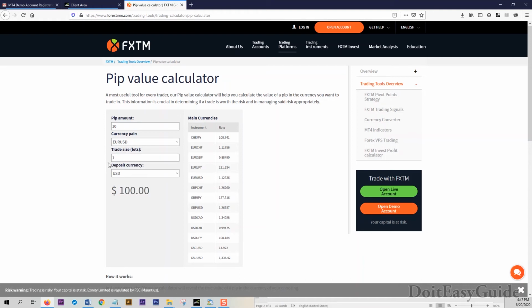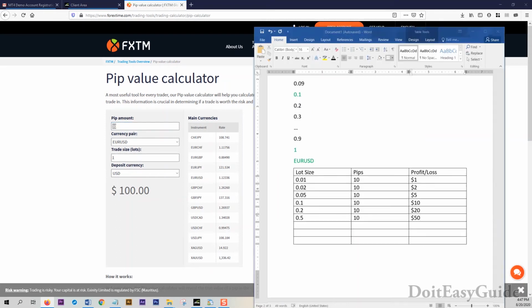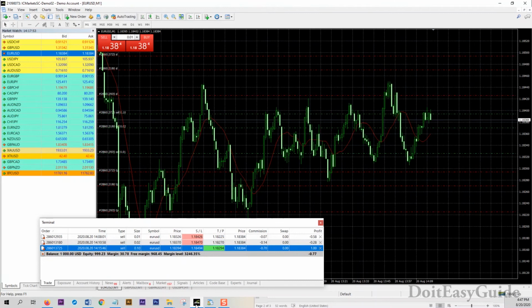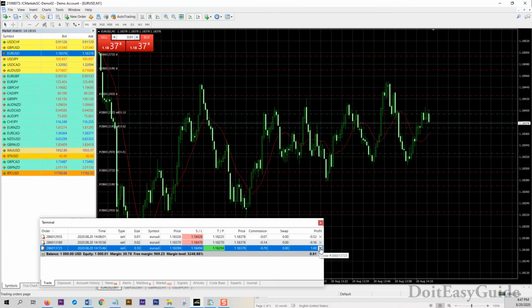And if you increase to one lot, 10 pips would get you $100. So now I'm sure you get the idea, right? That's how lot size works.